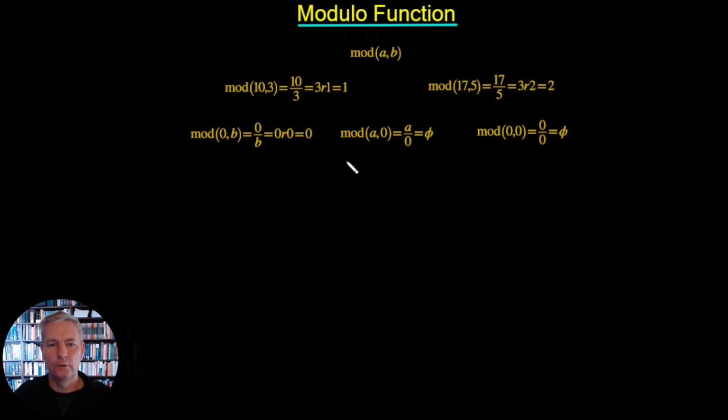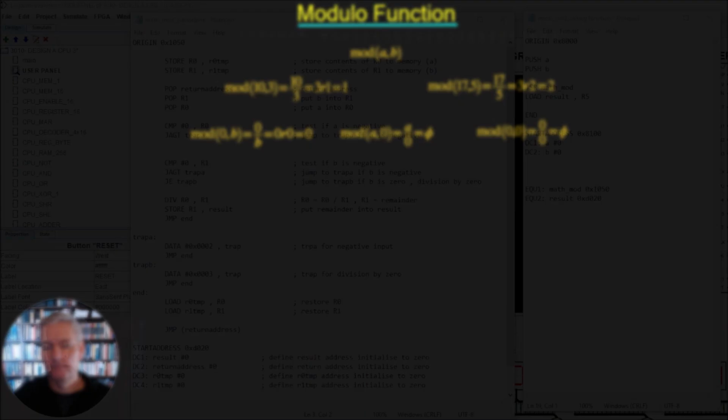We can work out the modulo function for negative values, but there's a little bit more involved in it, and we don't need it for the moment. If we need it later, we can build it in. So let's go ahead and we'll see how we're going to code this into our assembly language.